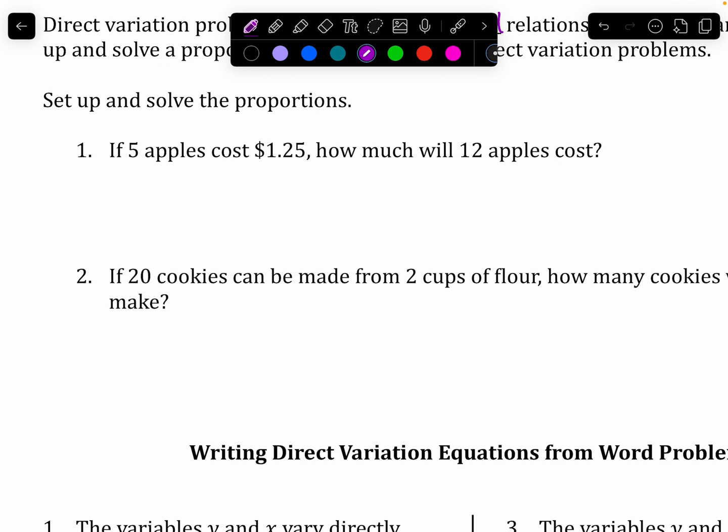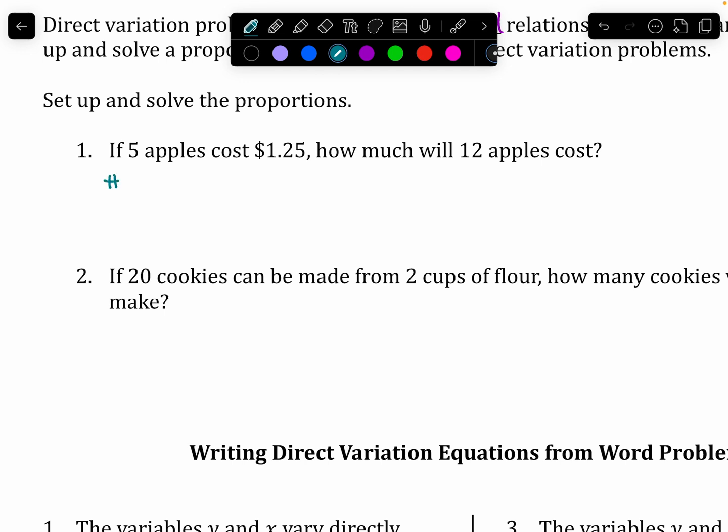If 5 apples cost $1.25, how much will 12 apples cost? Well, we know no matter what that apples aren't going to change price, okay? So what I do when I start this is I decide how I want to set up my ratios or my fractions. Do I want to do the number of apples over the total amount, or do I want to do the total amount over the number of apples?